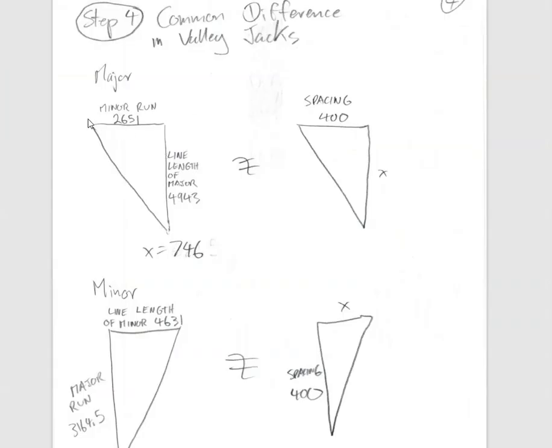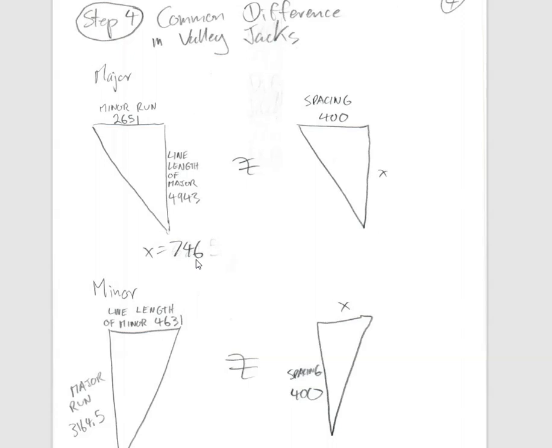And we will proportion the spacing of 400 in this case off against our slant triangle for the major, which will be the minor run. Minor run gets proportioned off against the spacing, and then the line length of the major, which is 4943, will give us our answer for the common difference in each rafter. So after we do the math on that, we get 746.